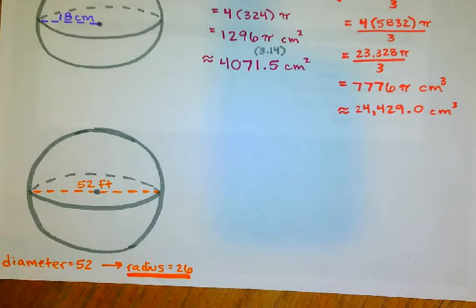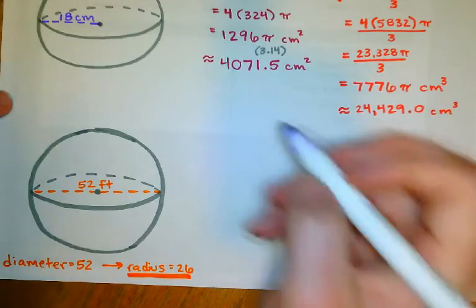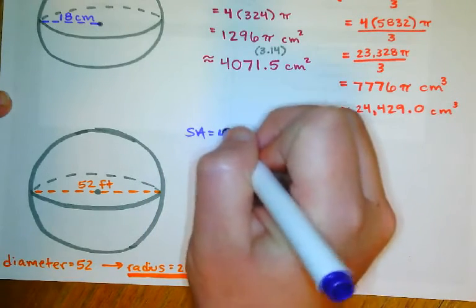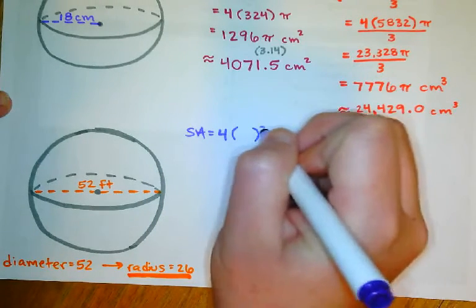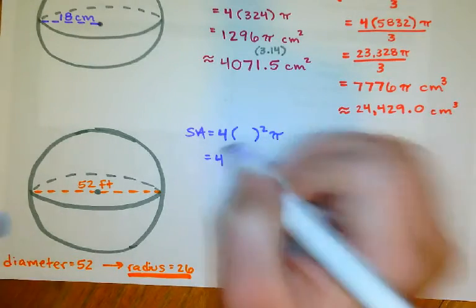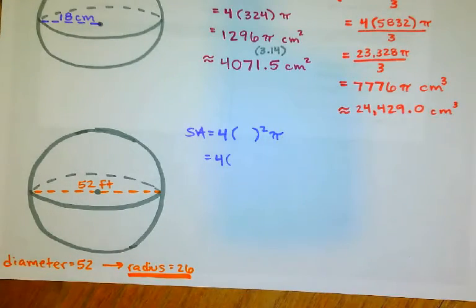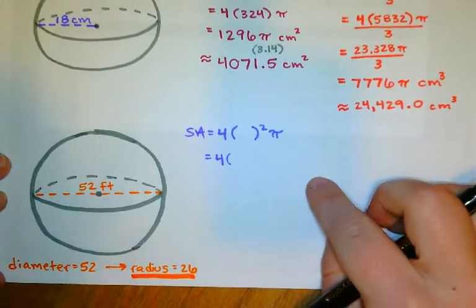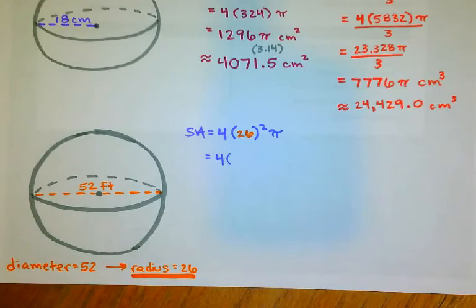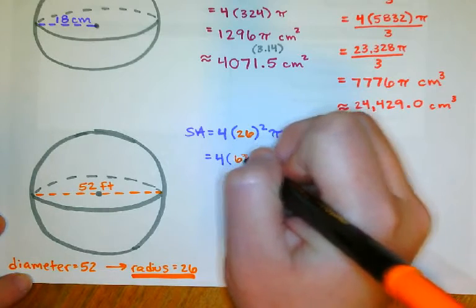Okay, so same idea. We're going to have 4 radius squared and pi. Alright, remember our radius is what we're plugging into our formula here, is 26, not the 52. So, 26 squared is 676.